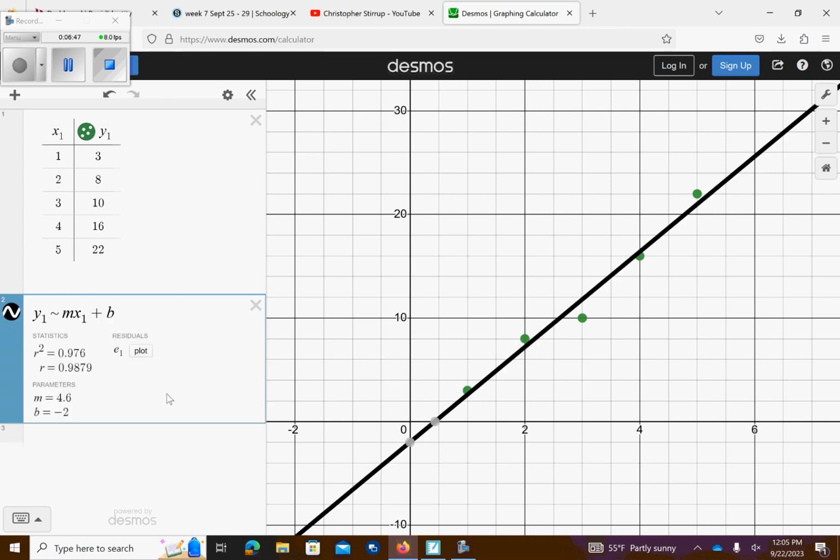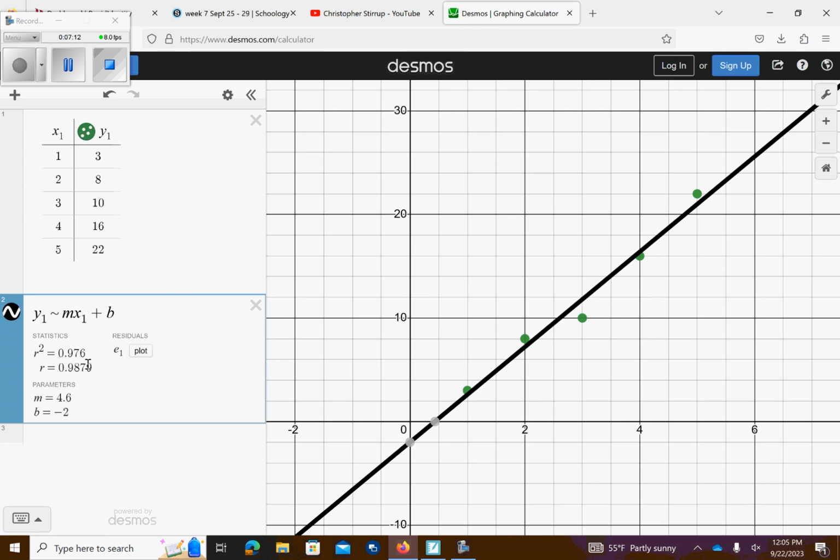This is the linear equation that goes with it. Notice we have an r squared value and an r value. We're just going to look at the r value right now. Notice the r value is positive, 0.9879, pretty close to 1. Is our slope positive? Our slope is 4.6, which is a positive number. And our b value is our y-intercept.